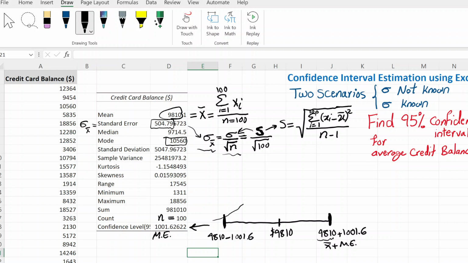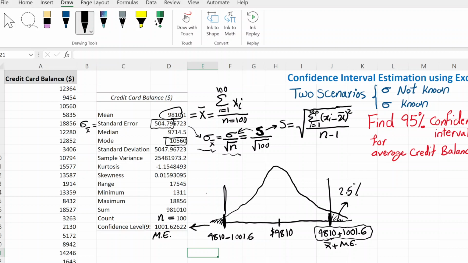It basically means that if X bar is normally distributed as expected, with a center around 9,810, roughly there is a 2.5% chance that you end up with mu, or the average credit card balance of 1 million customers, above this number. So there is only a 2.5% chance statistically.